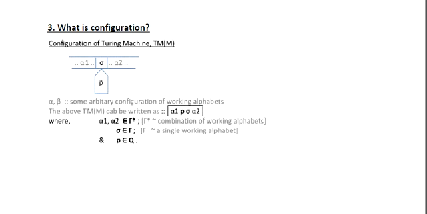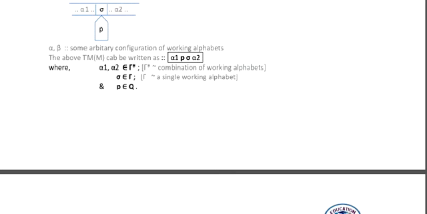In this discussion, alpha and beta are arbitrary configurations over the working alphabet, which for the Turing machine can be written in this case as alpha 1, p, sigma, alpha 2, where alpha 1 and alpha 2 belong to combinations of the working alphabet, sigma belongs to a single working alphabet symbol, and q is a single state.